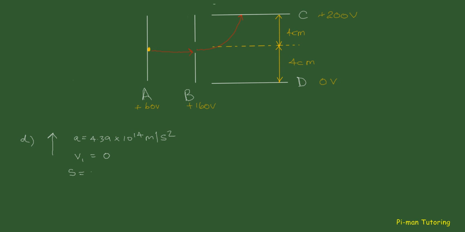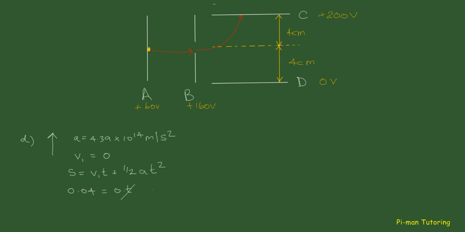Distance is initial velocity times time plus 1/2 a t squared. And this allows us to solve, because the distance we're looking to travel vertically is 4 centimeters, so that's our S. Put that in terms of meters, 0.04, is equal to the initial velocity vertically, which is 0, times time.